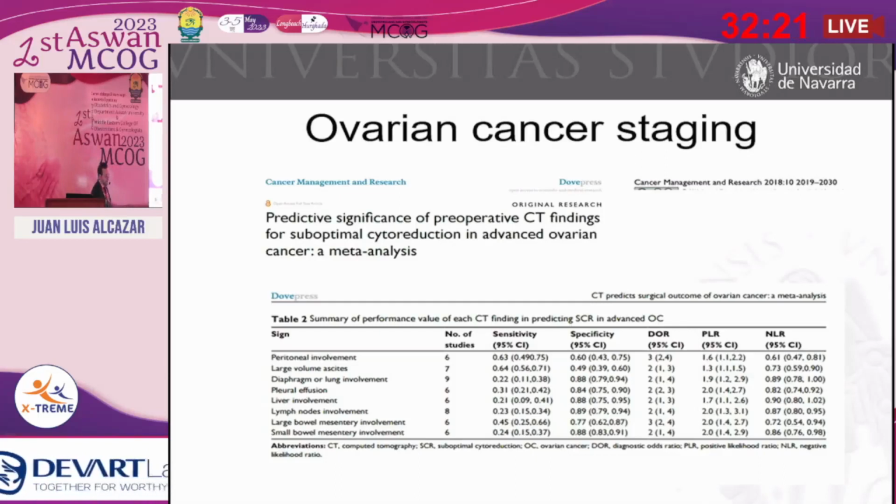You see in the slide that sensitivity, for example, for small bowel mesentery is just 24%. So we are going to miss a lot of cases with involvement of the root of the mesentery. We will not see it by CT scan.